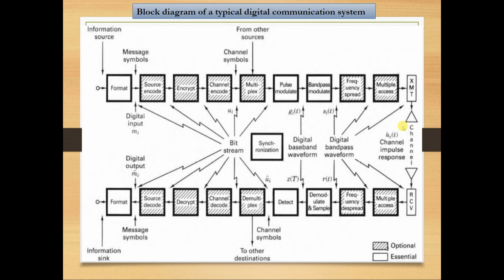When you come to the channel here, whether it's a cable, optical fiber cable, or wireless medium, the channel in principle, in nature, acts and performs like a filter. And we all know filters have a certain range of frequencies and a certain response.